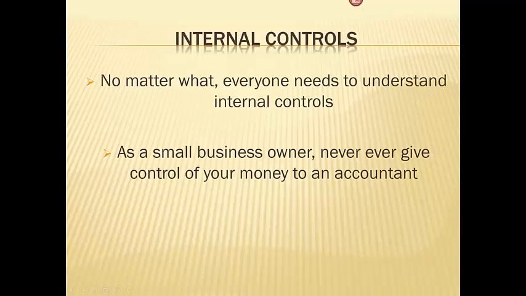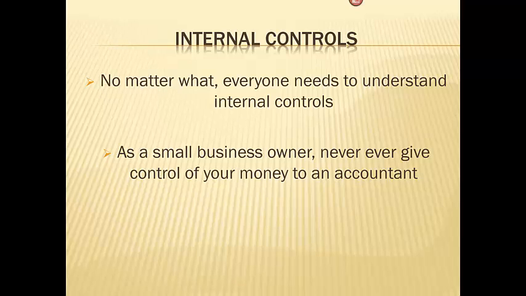Welcome back. In this video, what I would like to do is to go over the 6 different pieces of internal controls. No matter who you are in an organization, I know that there's a lot of Sarbanes-Oxley stuff that holds CEOs more accountable and things like that.